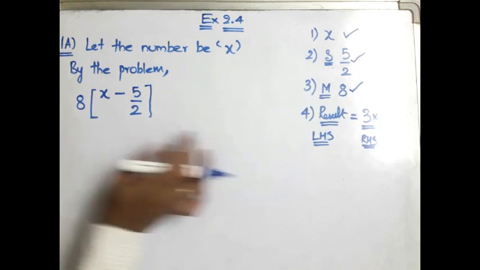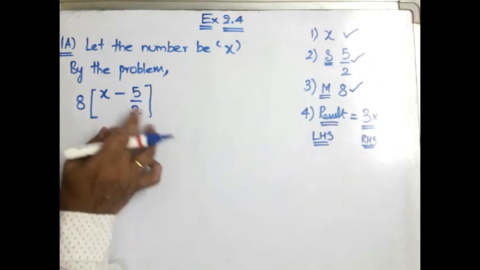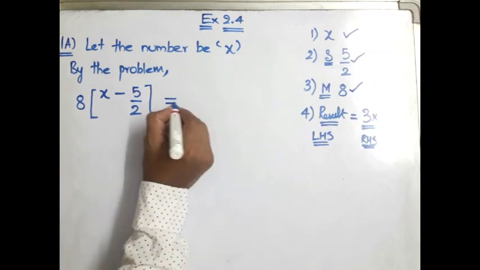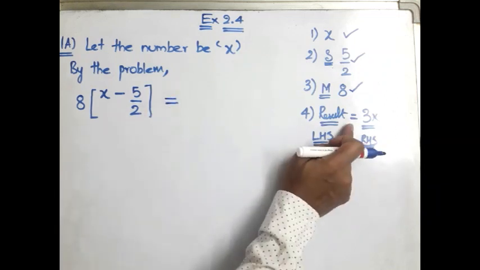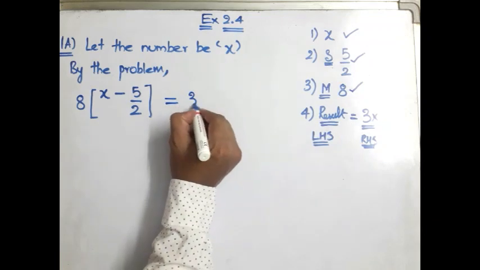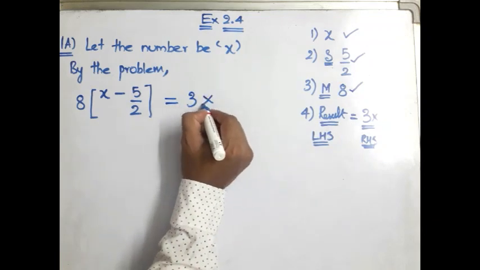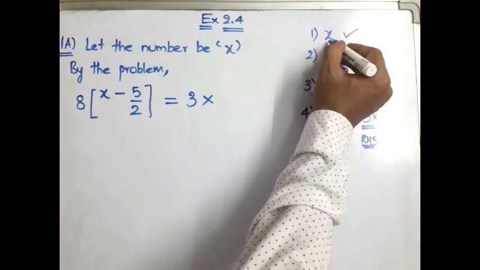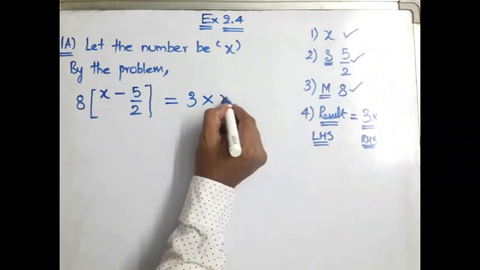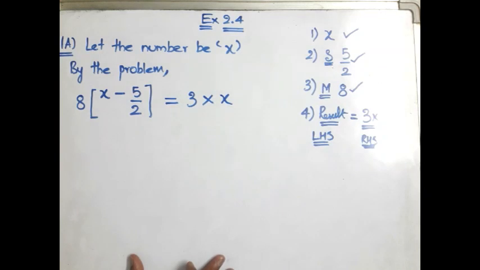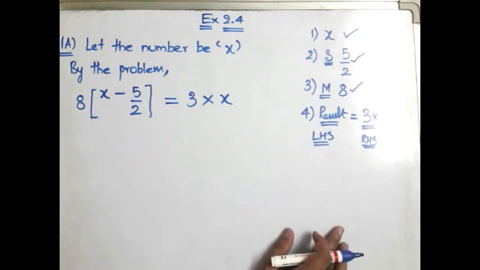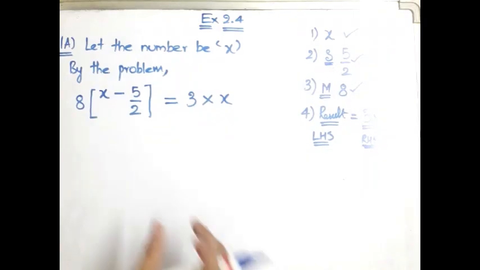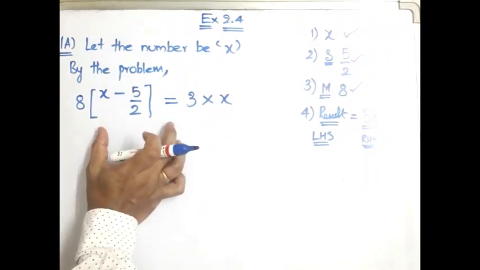This result, 8 into (x minus 5 by 2), should be equal to 3 times the number she thought. What exactly is the number she thought? X. So 3 into x. So this is what we have extracted from the given question. Now let us continue with solving this.